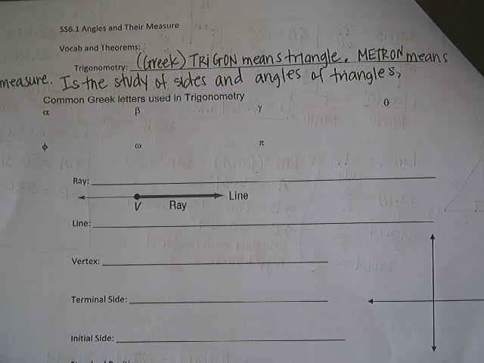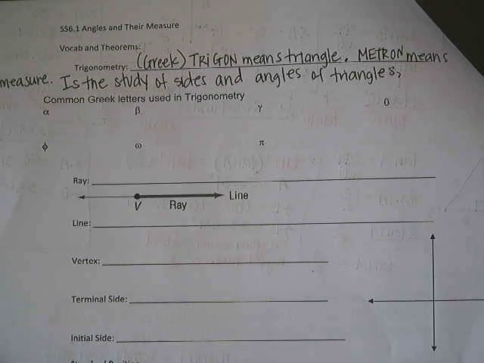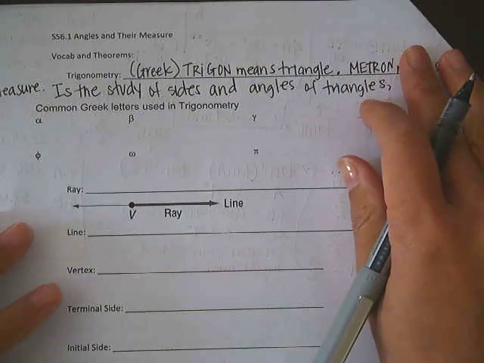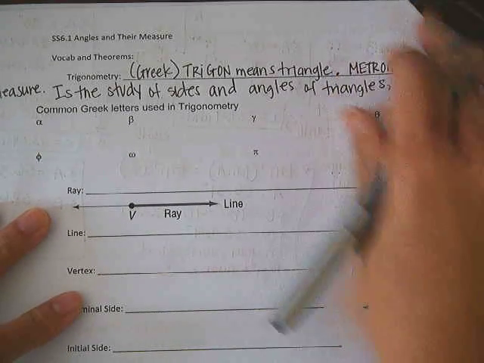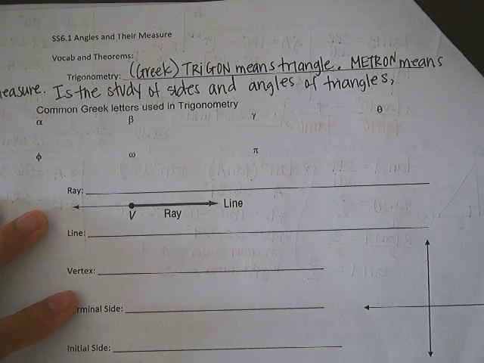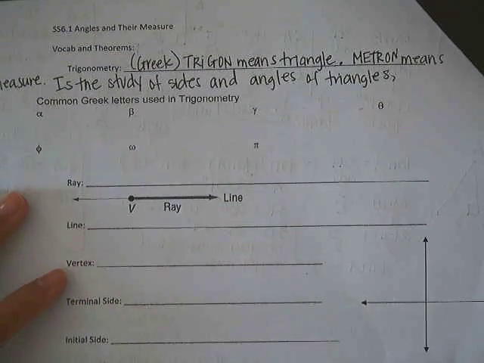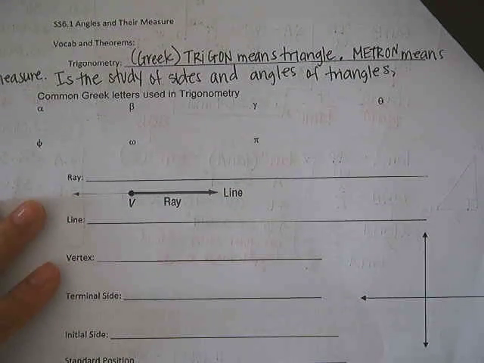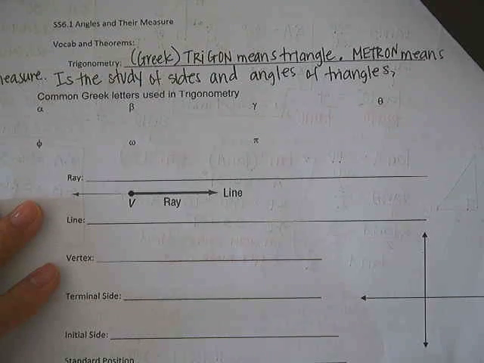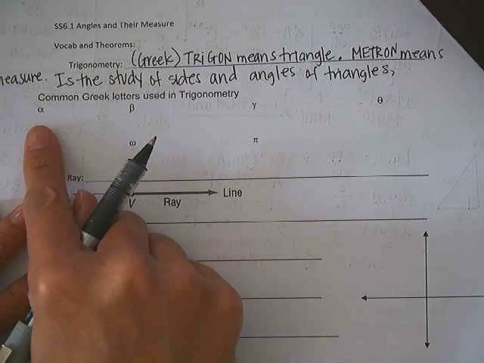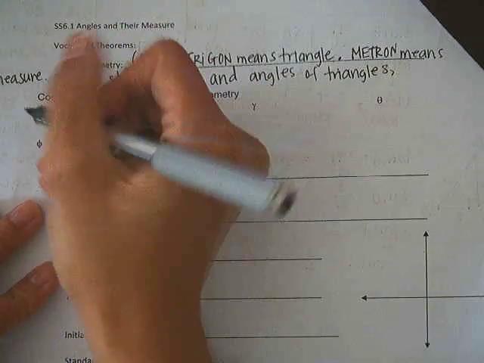So, common Greek letters used in trigonometry. Now, if you ask me why they picked Greek letters, I'm not sure. But if I had to guess, maybe it was created in Greece thousands and thousands of years ago. Here we go. Alpha, we've seen this before.